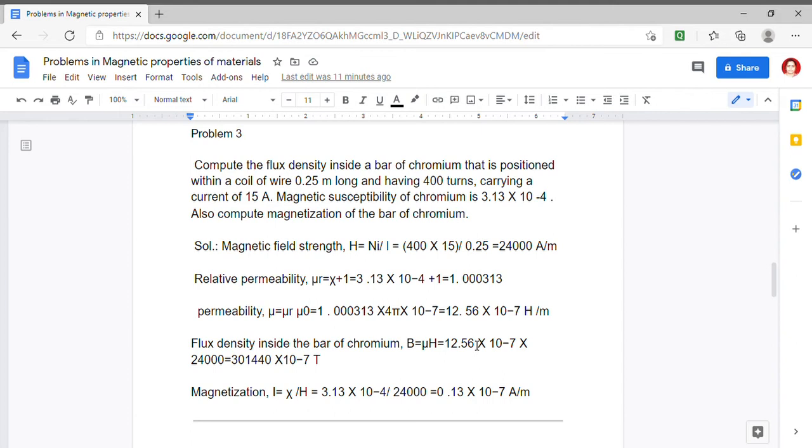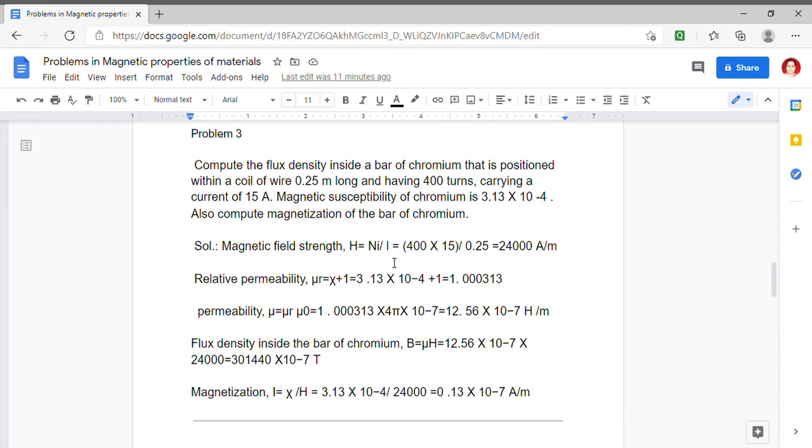Magnetic field strength, denoted by capital H, is expressed as N i upon L. Here N is the number of turns, which in our problem is equal to 400, and small i is the current.